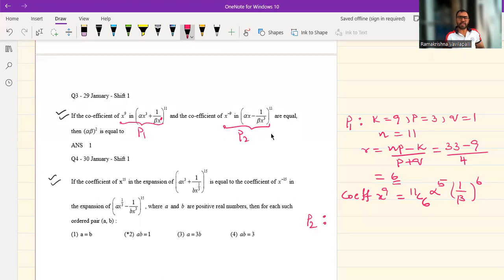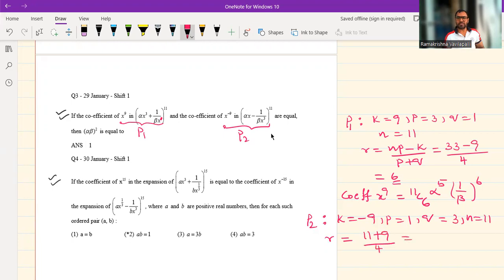Now for part 2. We need to find out the coefficient of x power minus 9. So here k equal to minus 9. The p value is 1, because alpha into x power 1. The q value is 3. And of course n is 11. So applying the same formula, r equal to np minus q... np is 11, minus k, which is minus of minus 9, by 4.